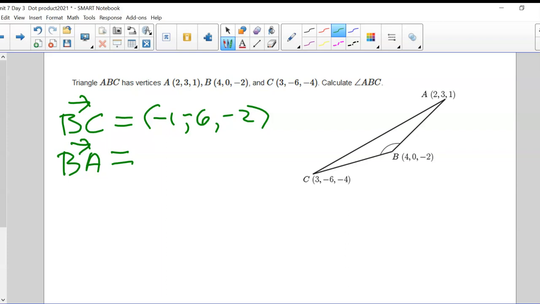You're going from B to A, and it's head minus tail. So -2, 3, and 3 is what I'm hearing.